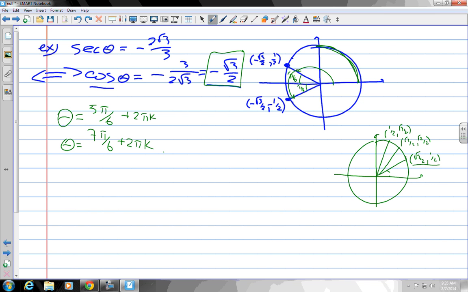But you need to make it negative, so you need to jump to that side. And then you just use the symmetry. So this point is negative root 3 over 2 and 1/2, and you also have that point, which is negative root 3 over 2, negative 1/2, right? So you just need to figure out what thetas are for those two points.